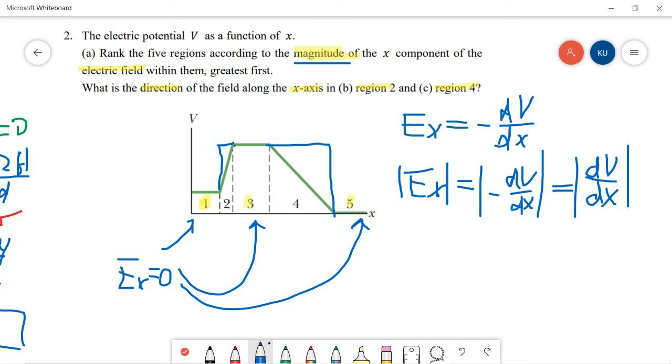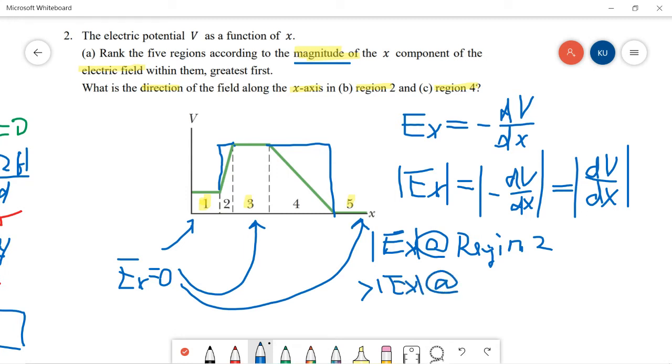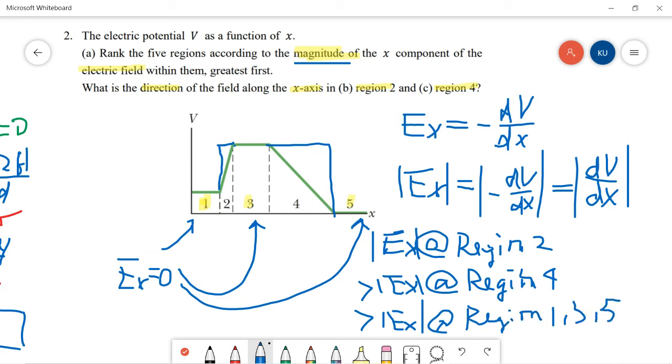So actually, Ex at region 2 should be larger than Ex at region 4, and Ex at regions 1, 3, 5 are actually the same, which is equal to 0, which is also the minimum possible magnitude of a vector.